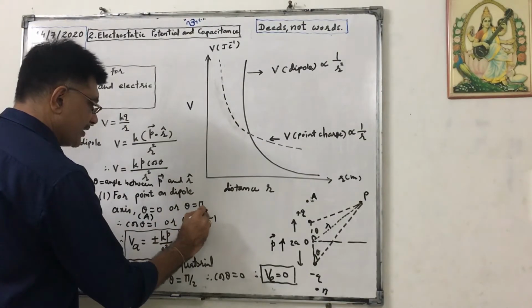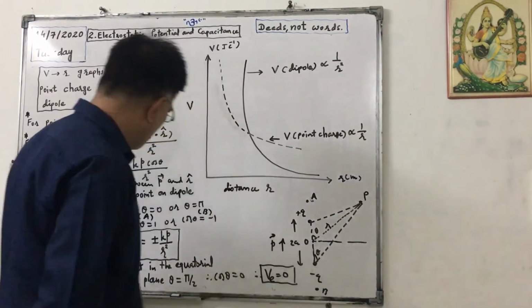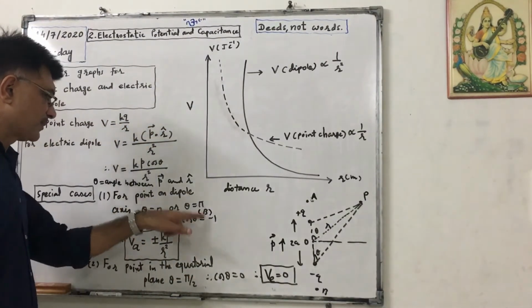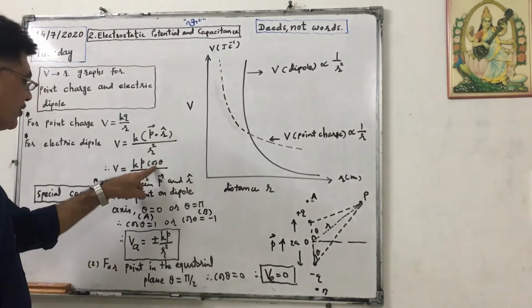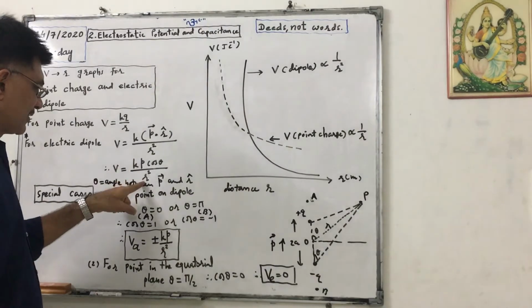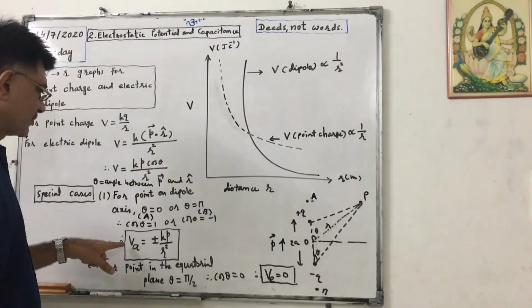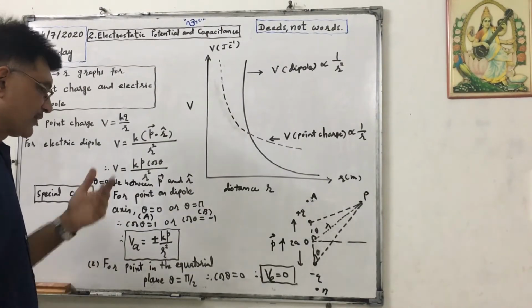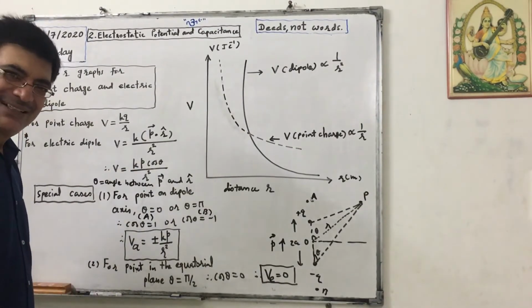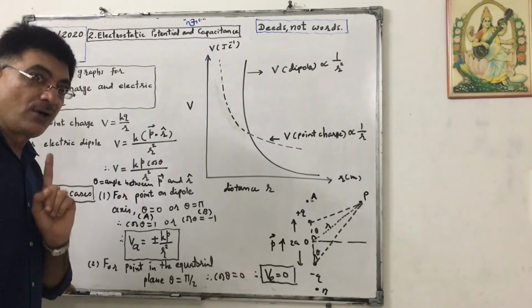For B, theta is pi. We know that cos 0 is 1 and cos pi is minus 1. If I put cos 0, that is 1, so Kp upon R square. If cos theta is minus 1, it will be minus Kp upon R square. So the values can be written as plus or minus Kp by R square for any point on the axis of the dipole.